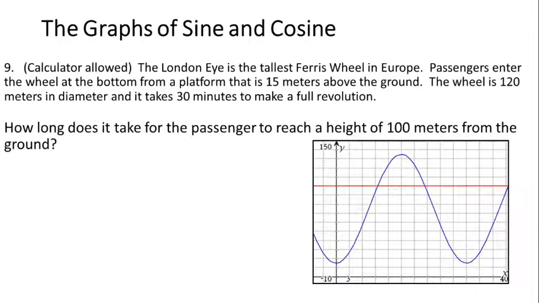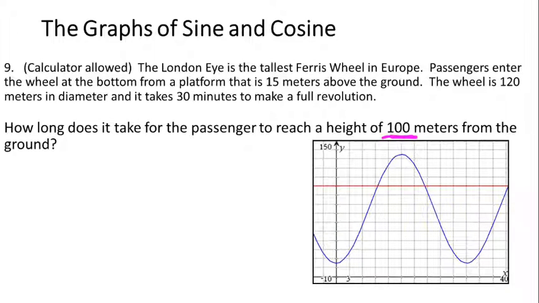Next up, they ask us how long does it take for the passenger to reach a height of 100 meters from the ground. So this is where your calculator is going to come in handy. We need to type in one of the equations that you just wrote, either the cosine or the sine equation. And then you need to also type into your F2 function this 100 meters. And if we do that, you should end up with a graph that looks like this, after, of course, you adjust your window to be able to see that graph.